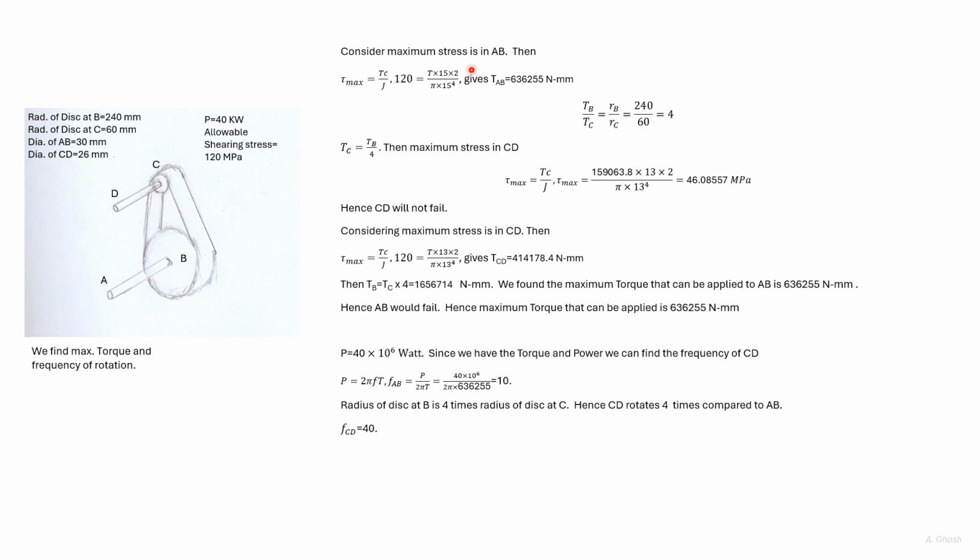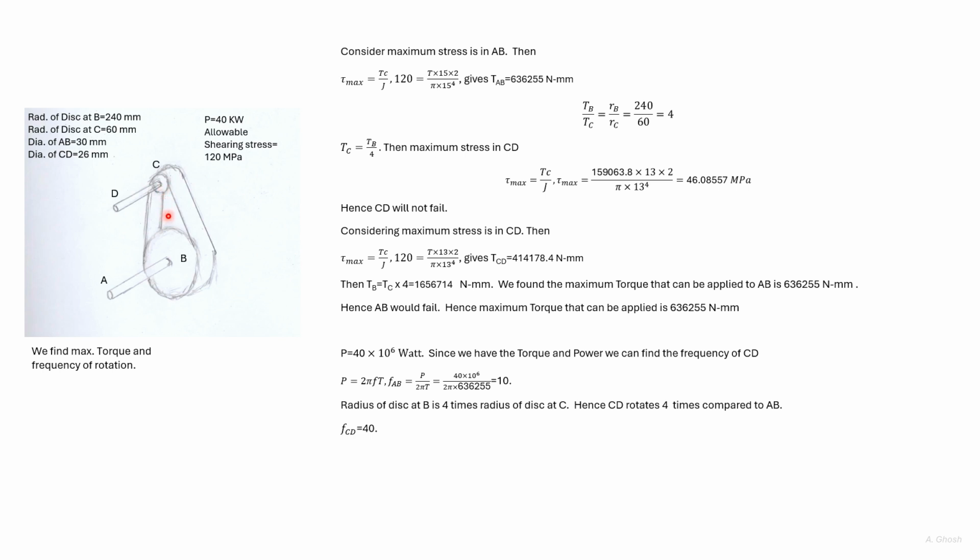So here we have taken the maximum shearing stress and we know the geometry and we have found out the maximum torque that can be applied in AB. Now the ratio of diameters of the disk at B and C is 4:1.